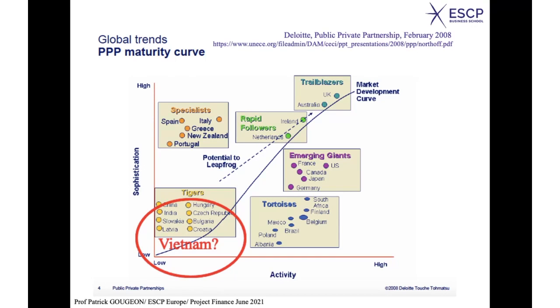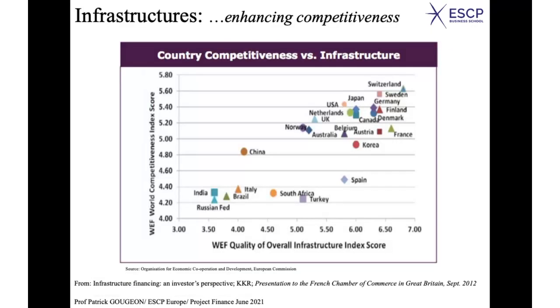And if you look at this graph, it gives you another kind of picture. It's a comparison, a correlation I should say, between country competitiveness and infrastructure development, okay? You know that the World Economic Forum, WEF, has an indicator of the quality of overall infrastructure per country.